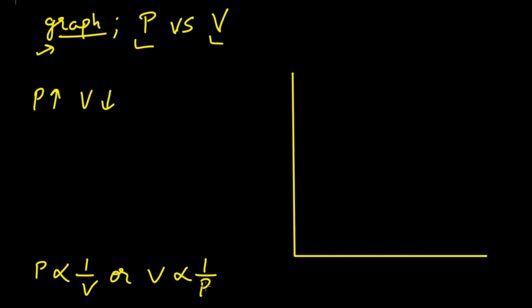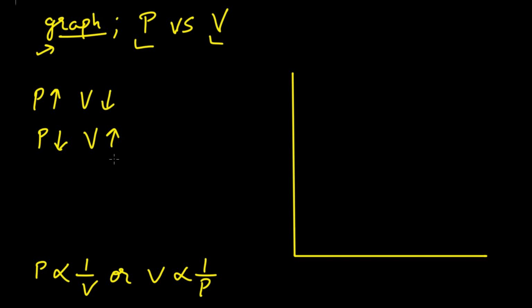You can use any one of them. So if pressure increases, volume decreases. If pressure decreases, volume increases. Simple. It simply means when pressure is at the highest point, volume will be at the lowest point. And when volume is highest, pressure will be lowest. It is as simple as that.